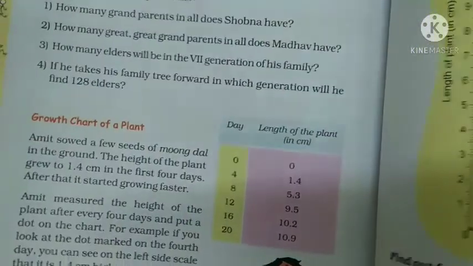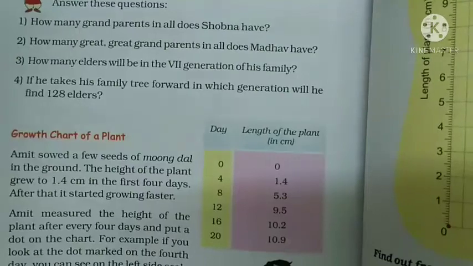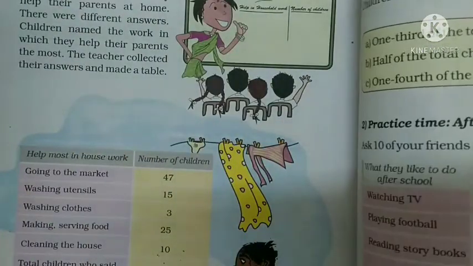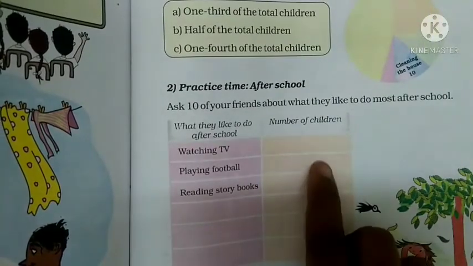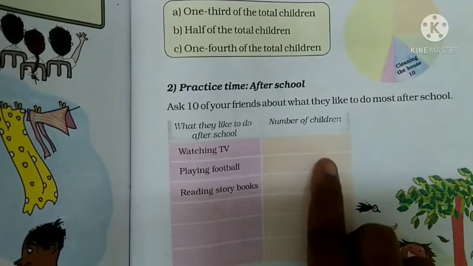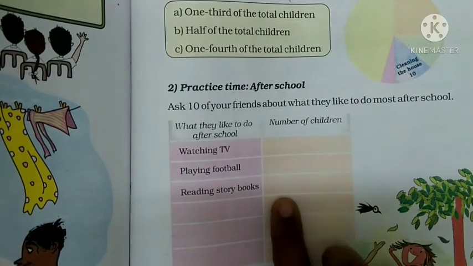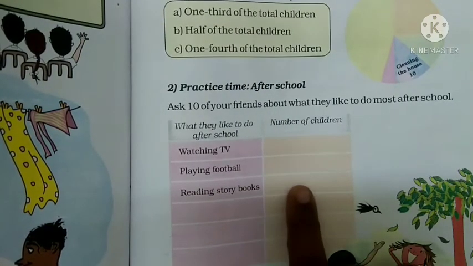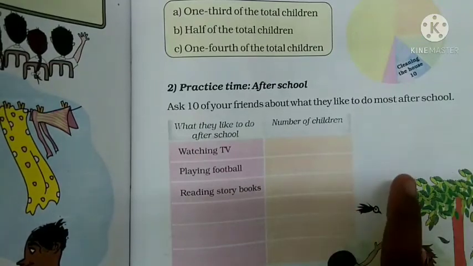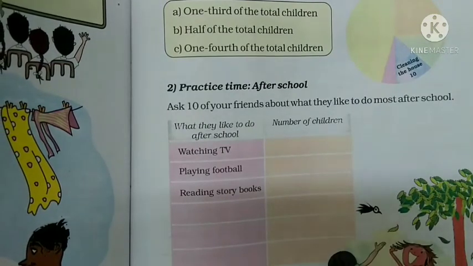And one more homework is there, that is drawing the pie chart. You have to find out the details and then using those details draw the pie chart. Okay, that is the only homework for your notebook. The other two questions you have to write in your textbook.